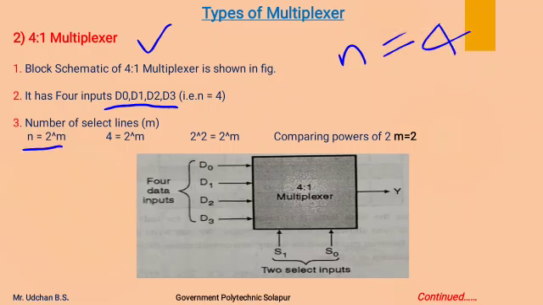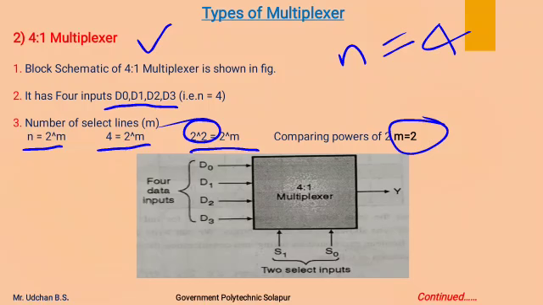So using this formula, N is equal to 2 raised to M, we put 4 is equal to 2 raised to M. We write 4 in the form of 2 raised to power, that is 4 can be written as 2 raised to 2 equal to 2 raised to M. Comparing the powers of 2, we can get M as 2.